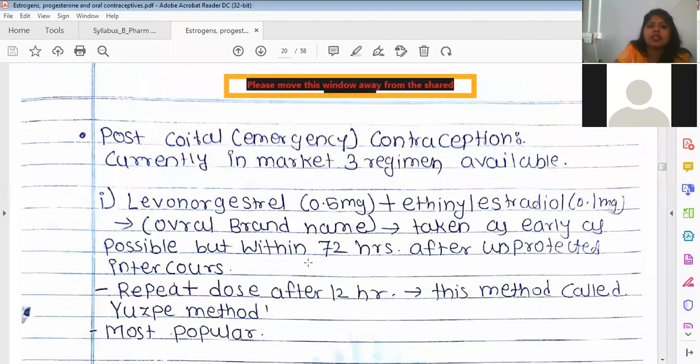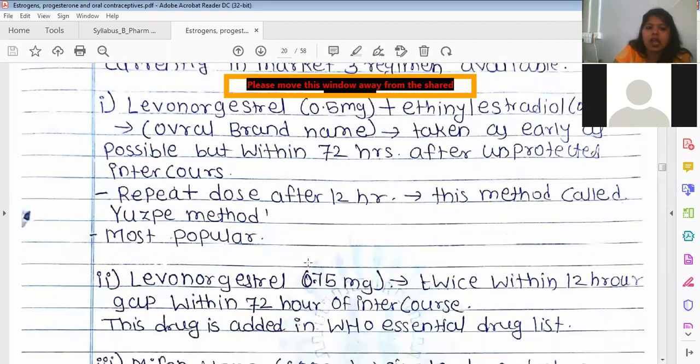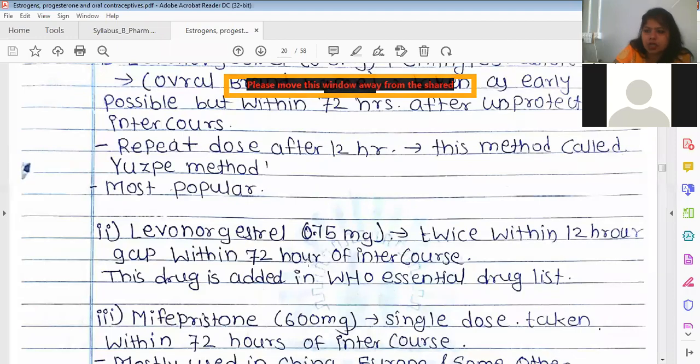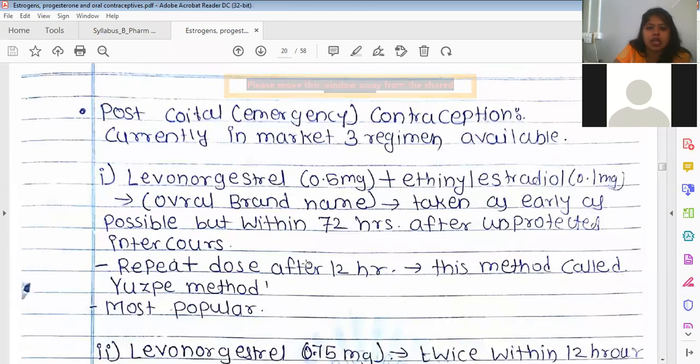Okay, clear? Then the postcoital emergency contraceptive: currently 3 market regimens are available, that is levonorgestrel and mifepristone. Various brands are available in the market for these tablets.